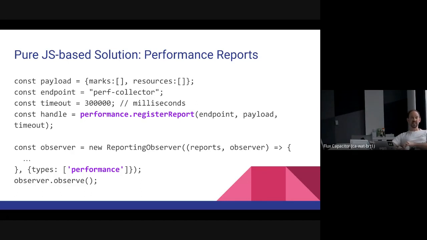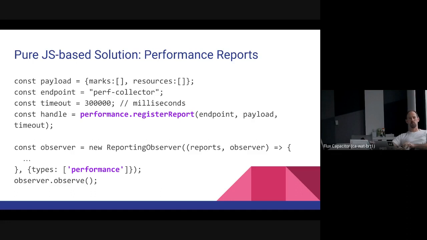Now there's several advantages to doing this in script. Not everybody has access to markup or wants to mess with the markup. It's also more familiar to a lot of people. It would also allow you, by using the reporting API, to register a reporting observer. This example here has a timeout. So it would say, if the user is still on this page in 5 minutes, please just send this report anyway.